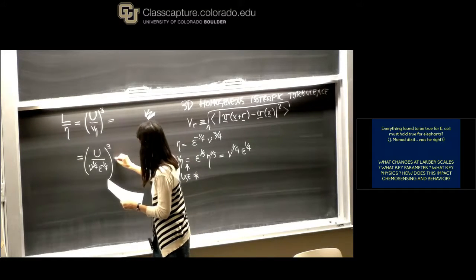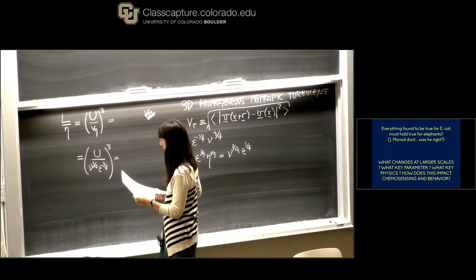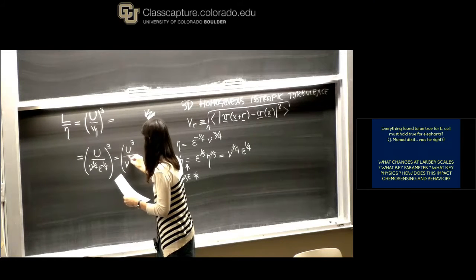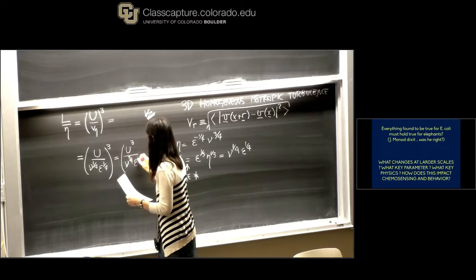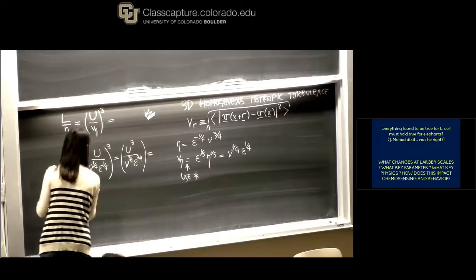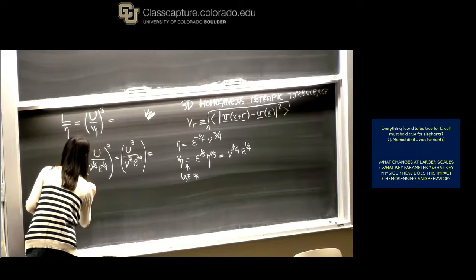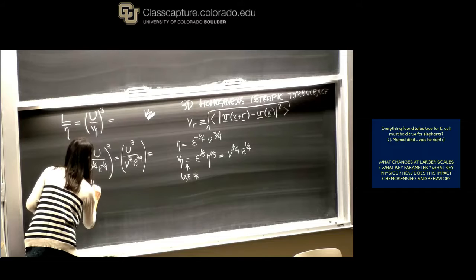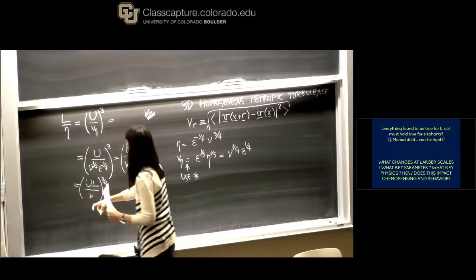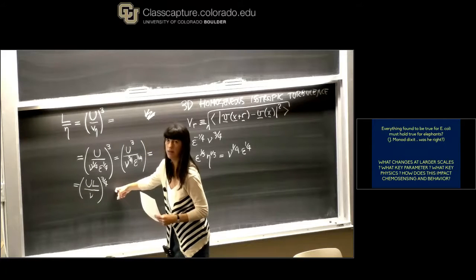And what does this give me? So let's say this is U to the 3rd, nu to the 3/4, epsilon to the 3/4. Okay, I'm rewriting things. Let's write it down as UL divided by nu to the 3/4.